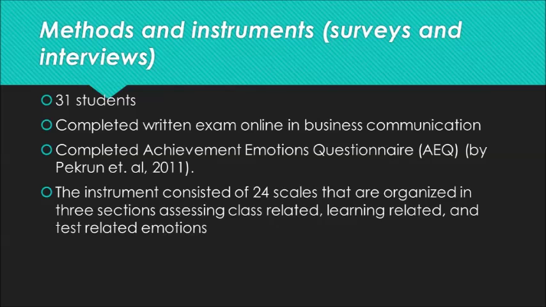So 31 students were recruited from a university in Oman, and they first completed a written examination in business communication. And in the second week of the study, students who agreed to participate in our study received an email with a link to a web page that presented the survey with the questions to measure their class-related emotions, learning-related emotions, and test-related emotions.